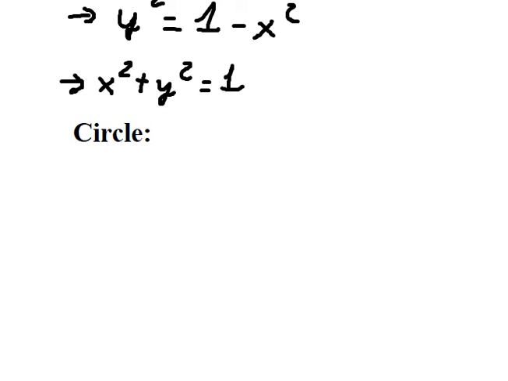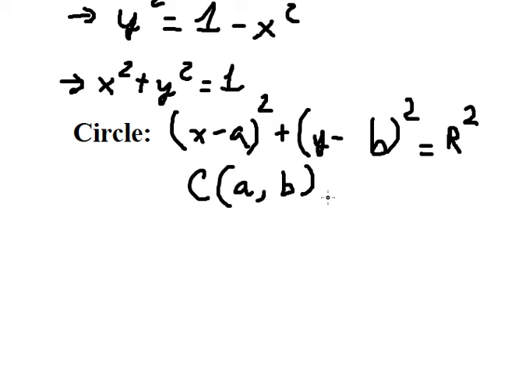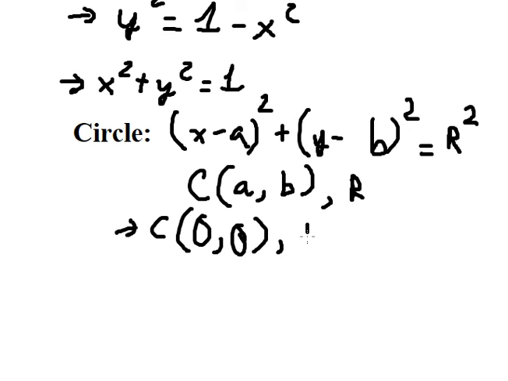So we have s minus a, everything to the power of 2, plus y minus b, everything to the power of 2, equals r squared. So in this situation, the center is (a, b) and r is the radius. So in this situation, we don't have a and b in here. So the center is 0, 0. And the radius is number 1.